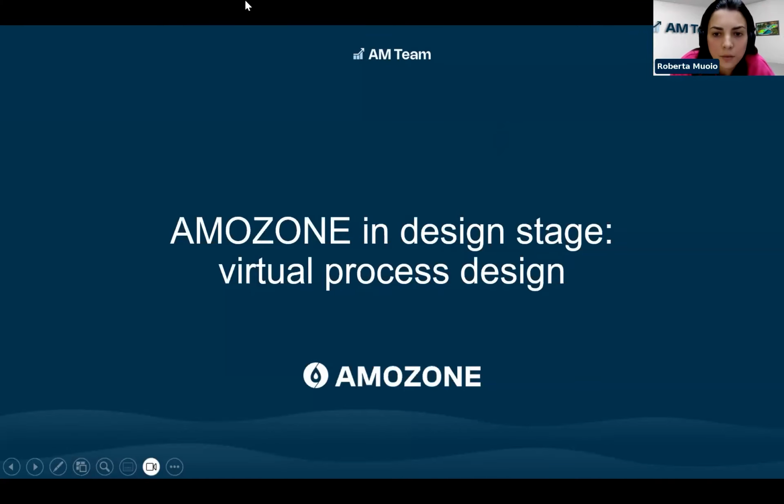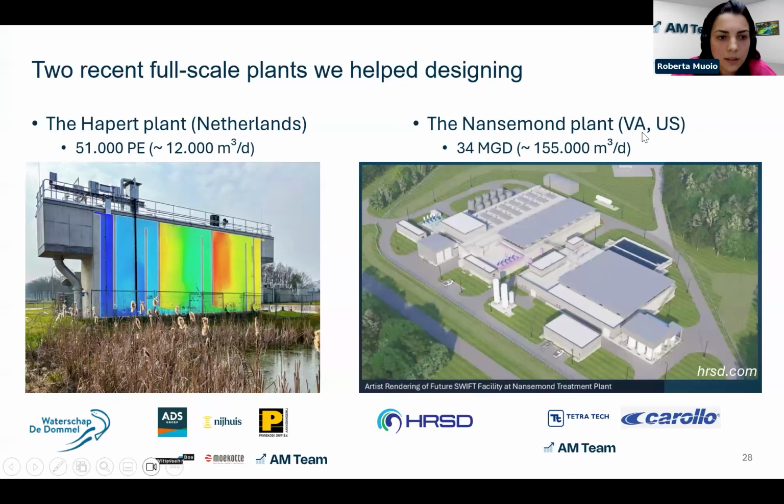Yes, thanks, Wim. So indeed, I'm going to present here two cases. One in the Netherlands with water utility the Dombel, and another one in the US with HRSD. So the first one is the Happert ozonation reactor in the Netherlands, and this is a smaller installation.